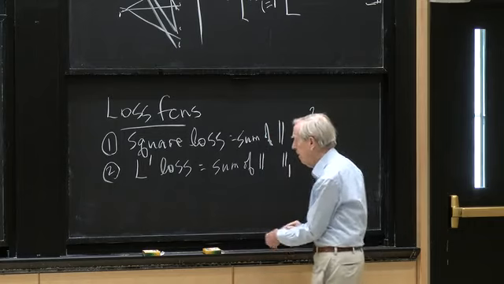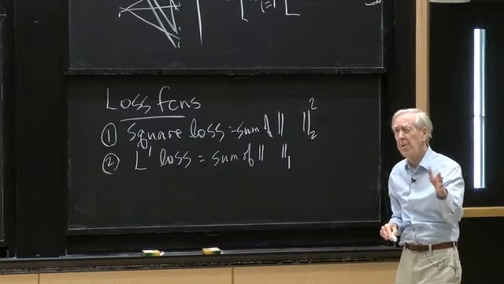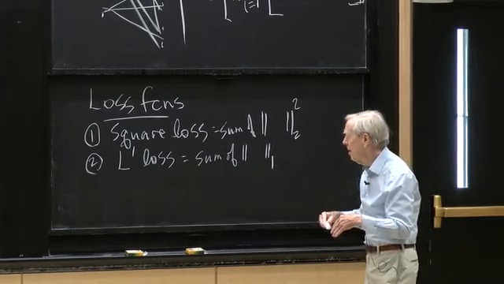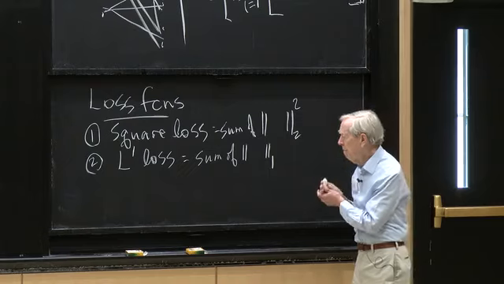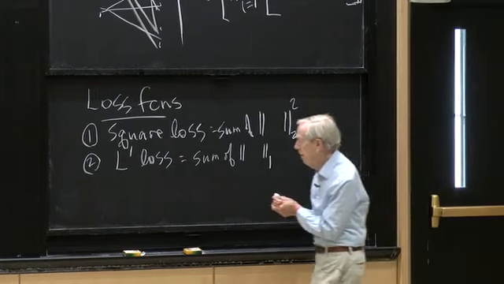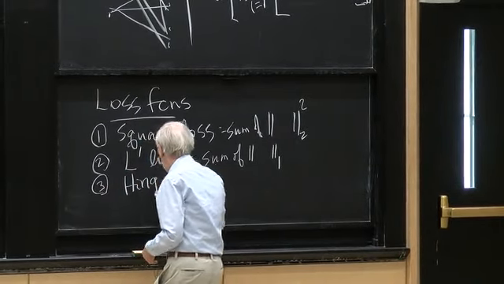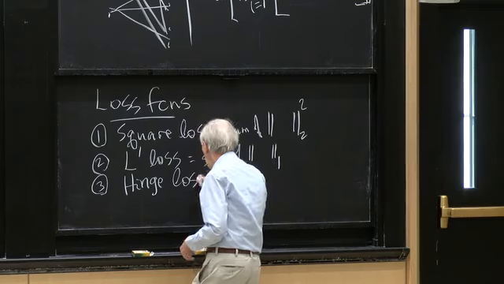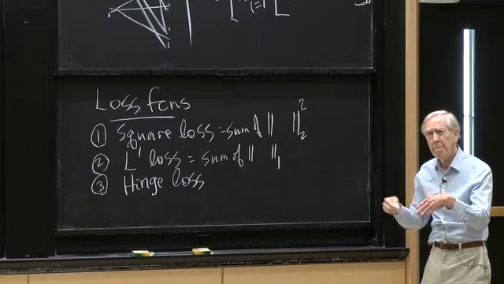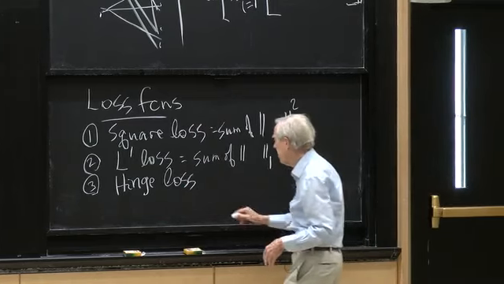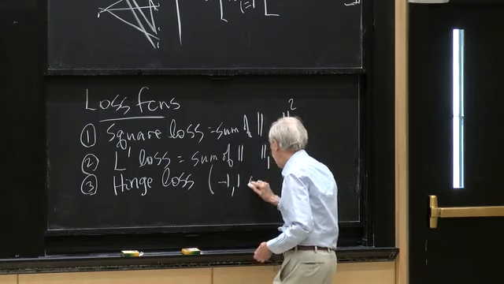This comes into specific other problems like lasso and other important problems. You're minimizing an L1 norm, but not in deep learning. And number 3 would be hinge loss. Probably some of you know better than I the formula and the background behind hinge loss. This is for minus 1, 1 classification problems.